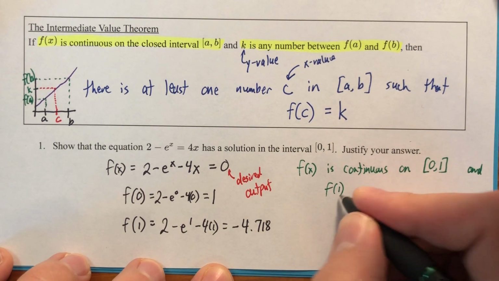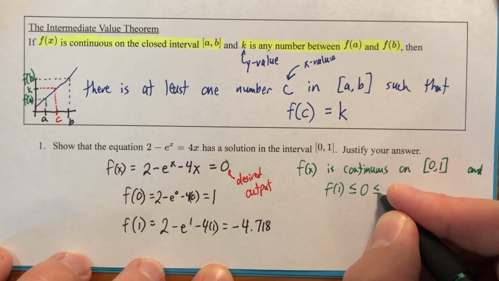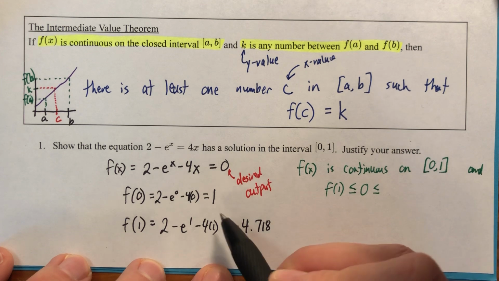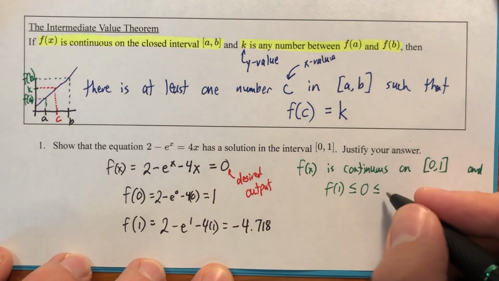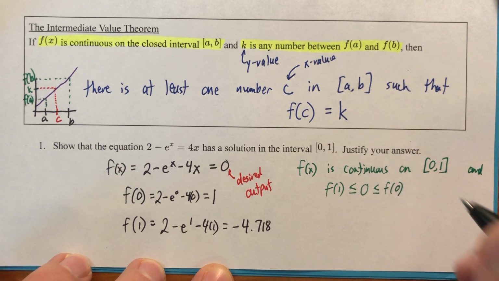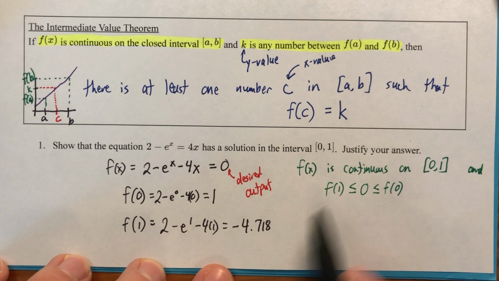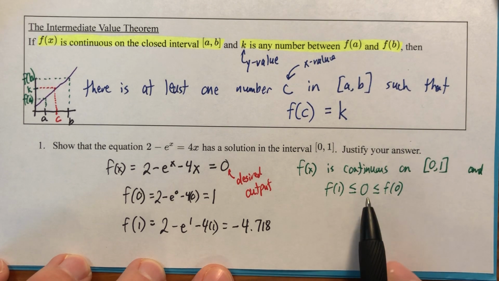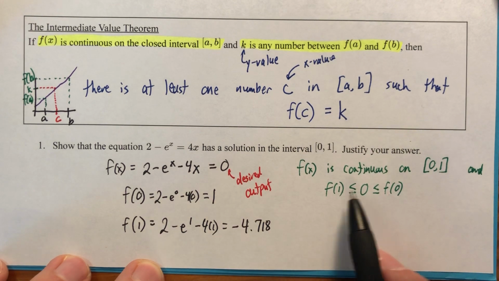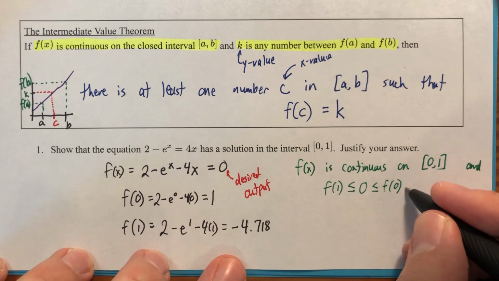f of 1 is this value. f of 0 is this value, is 1. Oh my goodness, I'm so confusing in the way I'm explaining it. Let me try it again. 0 is between f of 1, which is negative, and f of 0, which is positive. 0 is between this negative value and this positive value.